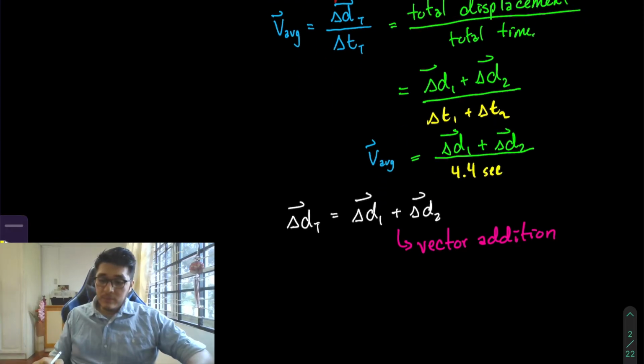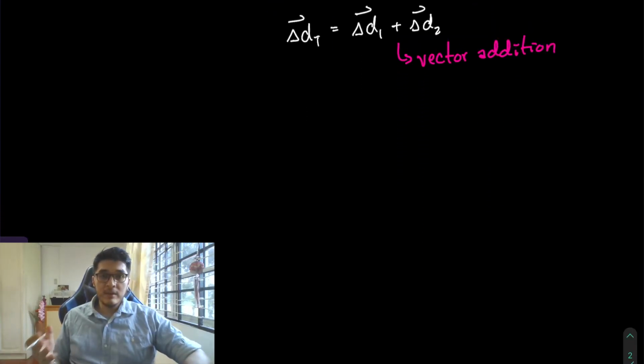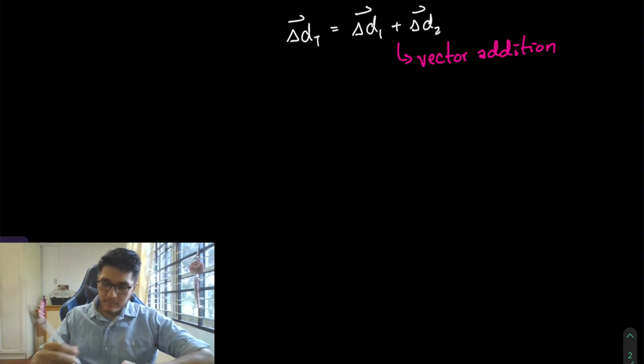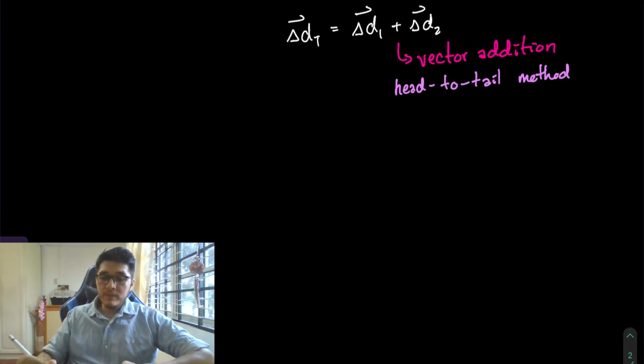Now to perform vector addition, let's do a quick recap from grade 11. To do vector addition, we're going to use the head to tail method. So what does this mean?